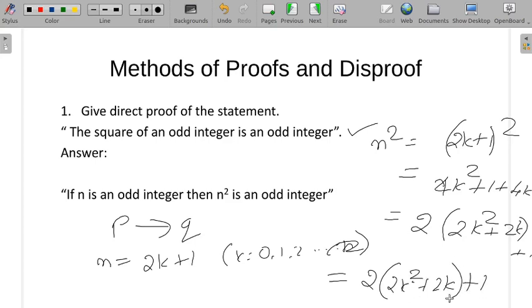This is the answer we have. So what are we getting here now? Multiple of 2 plus 1. So we have an odd integer in the form 2k plus 1. If we take the square also, we get multiple of 2 plus 1 form. So again n square will be an odd integer.